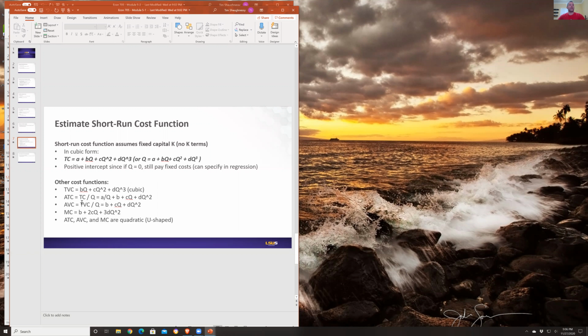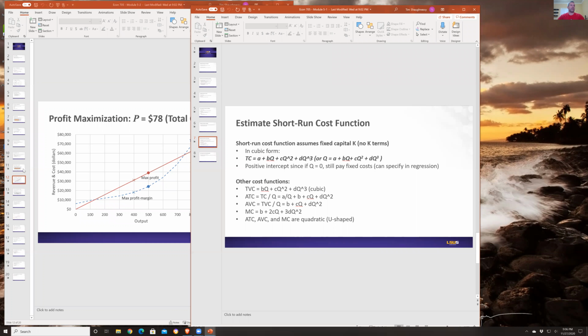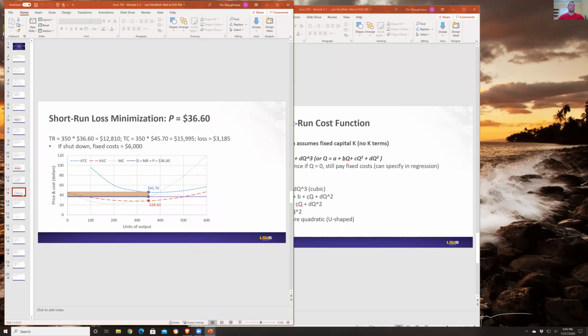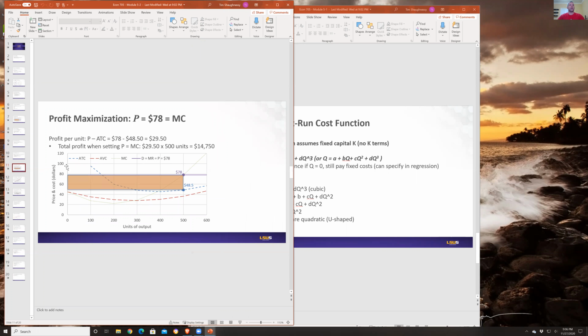If you had a U-shaped or hill-shaped data set, and you tried describing it with a cubic function, like one of the average or marginal cost curves from before, I'll use this one, I guess.